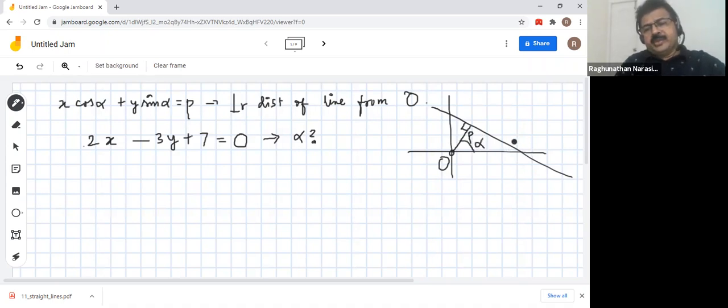It is connected, but it is not exactly the slope or the angle of the line with the x-axis.